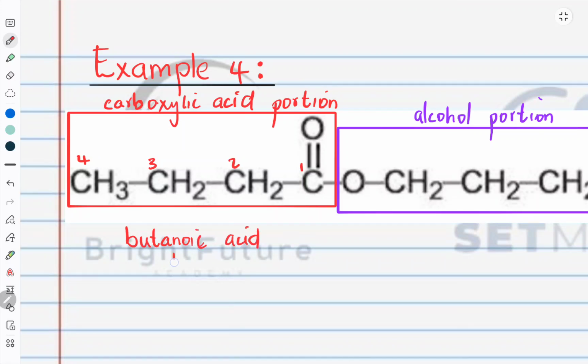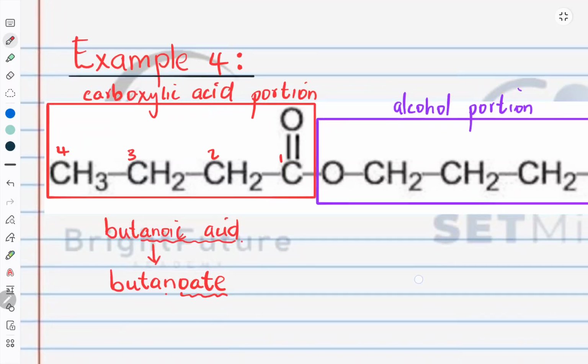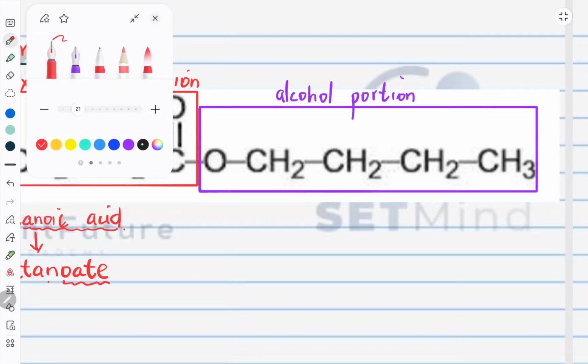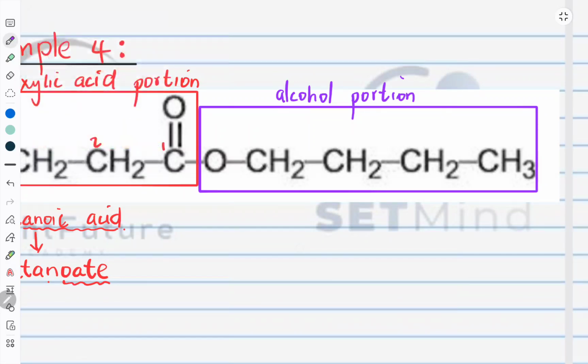And now we must replace that anoic acid with OATE, which is the suffix for esters. So this will be butanoate. All right, OATE from the anoic acid. All right, so the alcohol portion, let's see how many carbon atoms we have there. 1, 2, 3, 4. So this was butanol.